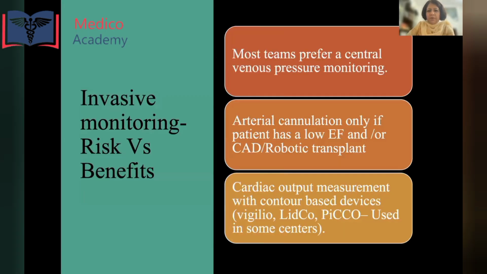Now, let's come to invasive monitoring and the risk versus benefit. Most teams prefer central venous pressure monitoring. Arterial cannulation only if the patient has a low EF and CAD, and in cases of robotic transplantations. In robot-assisted transplantations, the problem is that access to the patient is poor.